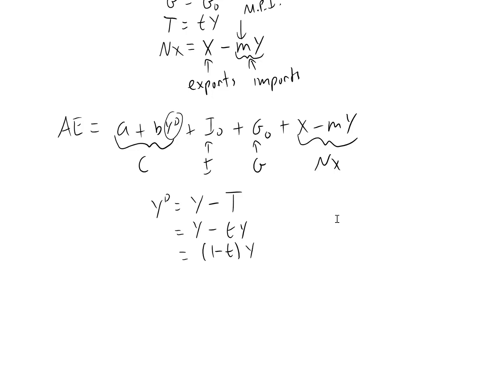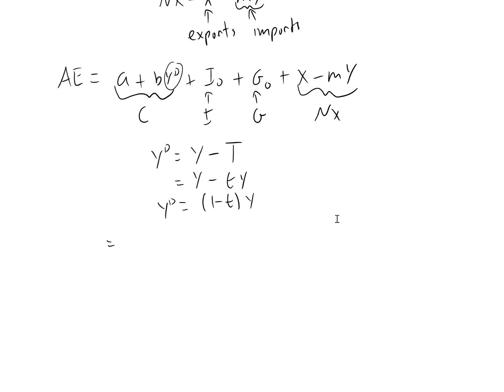It equals little t times Y, and then we collect the terms. All right, so that means AE equals A plus B times 1 minus t times Y plus I0 plus G0 plus exports minus imports.